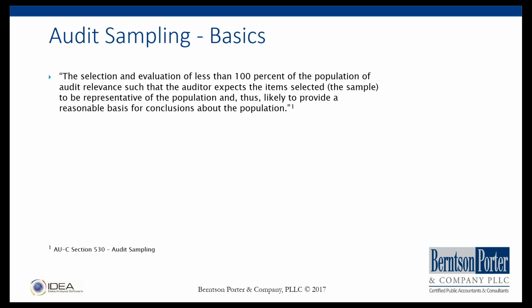So we sample so that we can take a smaller population, test that, and if that doesn't have any issues, you should be able to extrapolate that to the rest of the population.